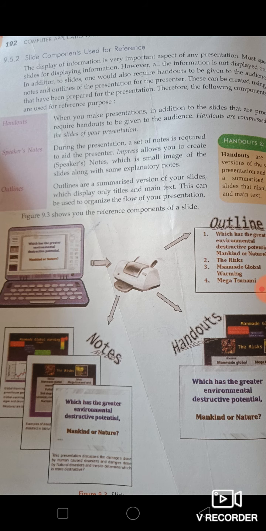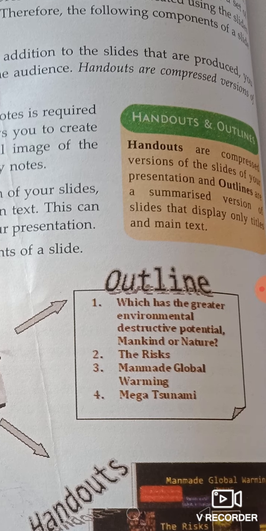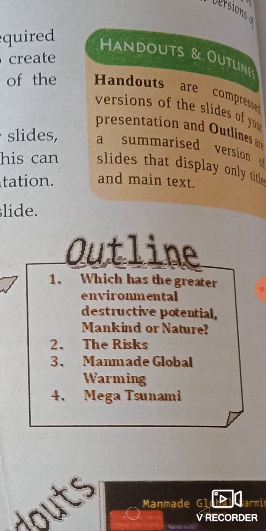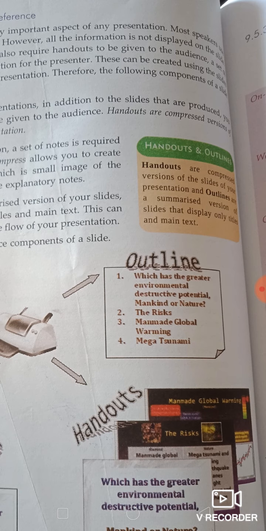The difference between handouts and outline is that handouts are the compressed version of the slides of your presentation, and outlines are the summarized version that display only titles and main titles. It doesn't show the slide overall.